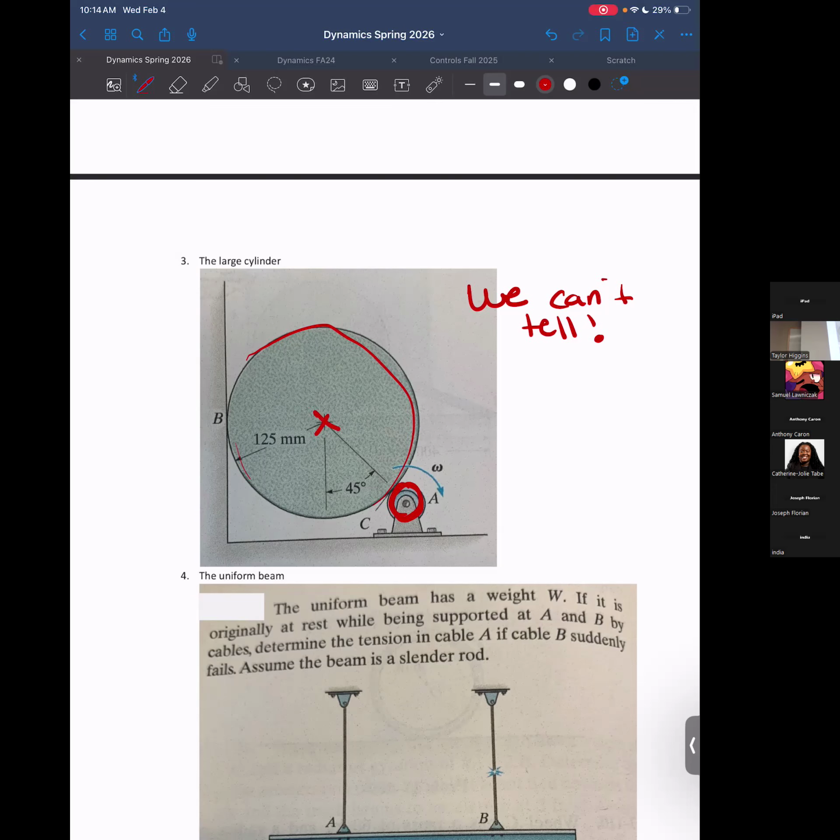That's all well and good, but if these two surfaces are rougher than we expected, and A grabs onto the big cylinder, there is a possibility that that cylinder gets flung out into space. Okay, and in that case, we'd be doing what? General planar motion, right? It's probably rotating and translating through space. Okay, so we can't tell.